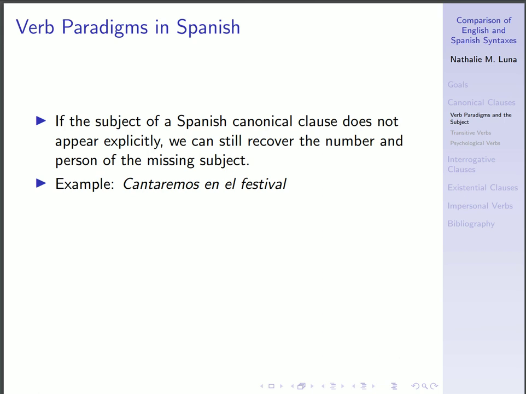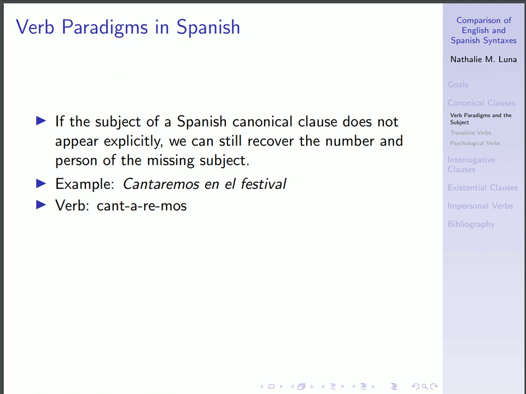If in a Spanish canonical clause the subject does not appear explicitly, we can still recover some information from that missing subject. So in this example, we have cantaremos en el festival with the period missing, and so we don't have a subject. We just have a verb phrase that forms the predicate.